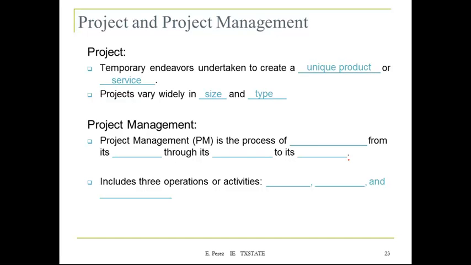Now, project management is the process of guiding a project from its beginning through its performance to its closure. You're going to guide this project from beginning to end. Okay? It includes 3 operations or activities: planning, organizing, and control.